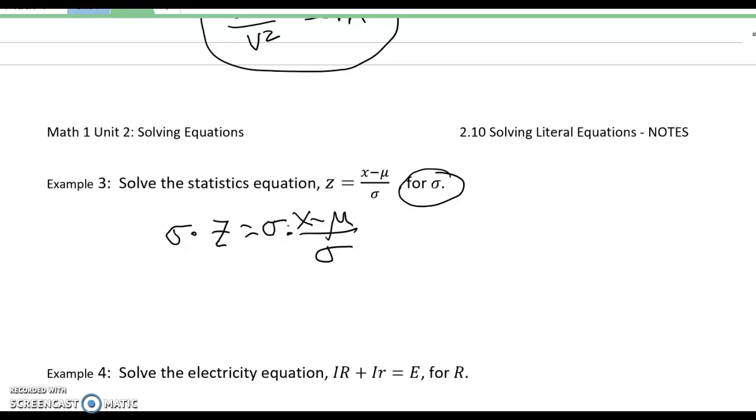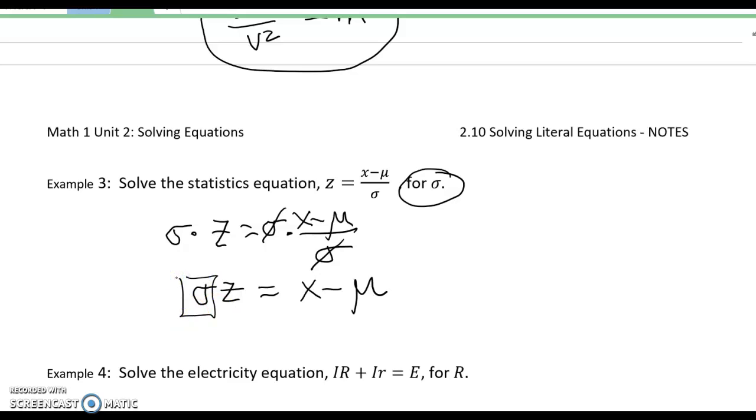Again, we're trying to clear out our fractions. On the left side, I'm going to be left with sigma z. And on the right side, the sigmas cancel. I'm left with x minus the Greek symbol mu. Again, we're solving for sigma, so we need to get this symbol by itself.